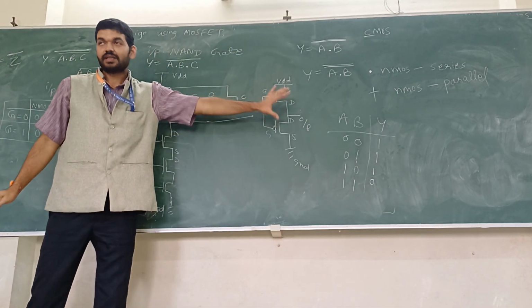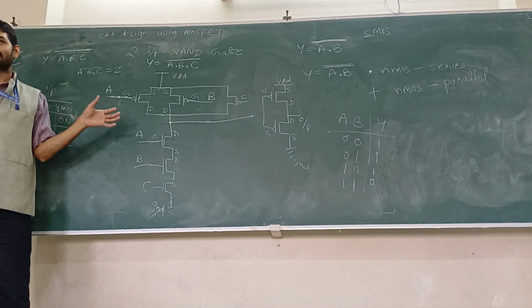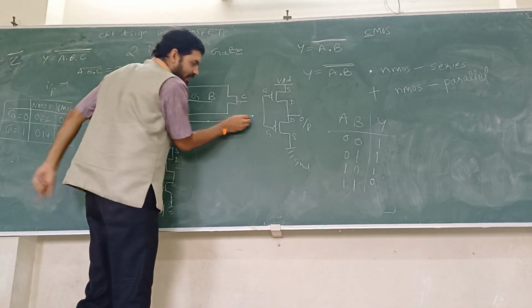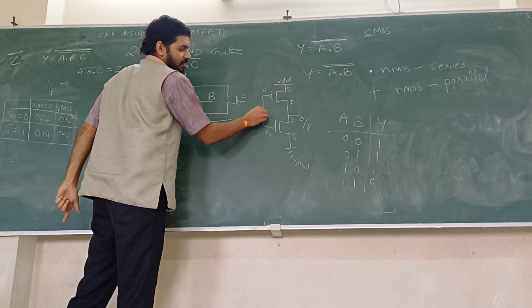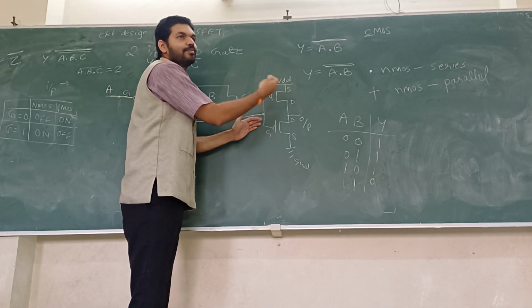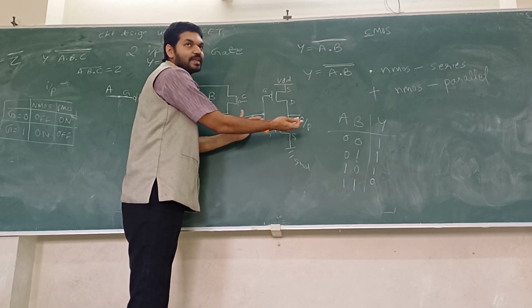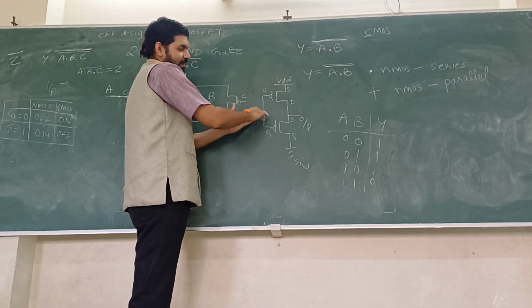This is my inverter. The output of this 3 input NAND I'll give as input to the inverter. What does this do? You tell it 0, it will make it 1. You tell it Z, what will it do? Z bar.